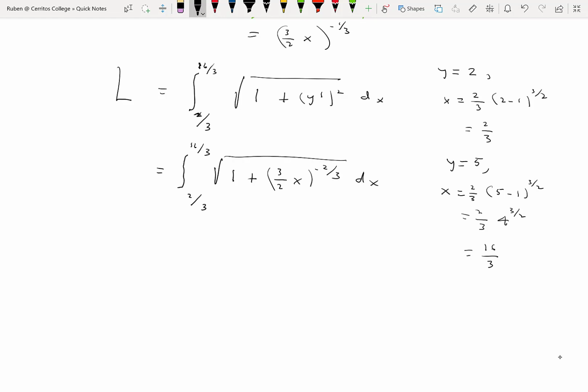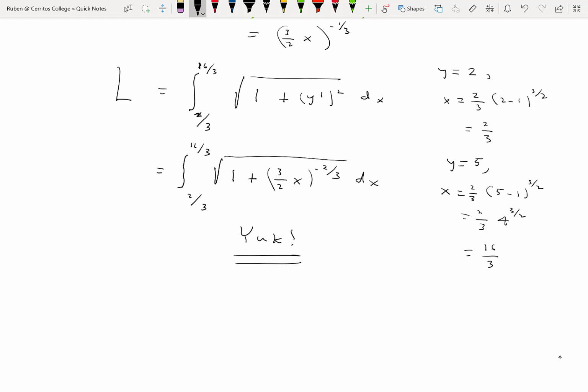Ouch. Look at that integral. The integral is actually doable. We could do this. But it would take a lot of algebra to get this to a point where we could make a u substitution on it. I'm going to summarize that by saying, yuck.